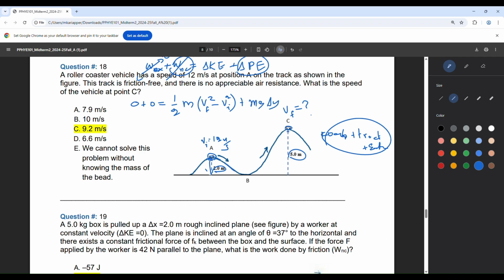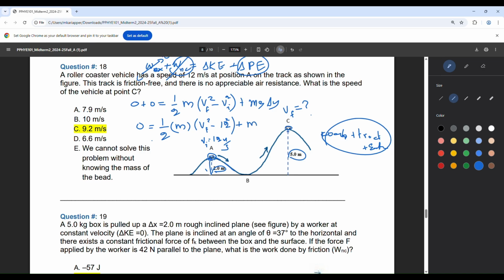Okay, good. Right, then we go 0 equal to, let me repeat. Half, m is what? We don't know m. V final, again we don't know. V initial we know, which is 12.